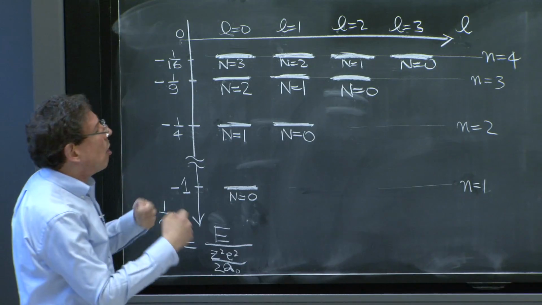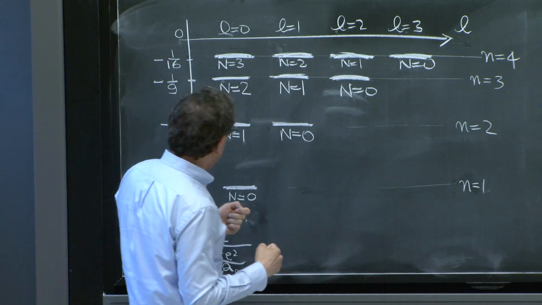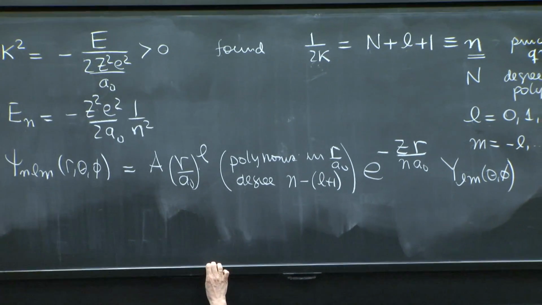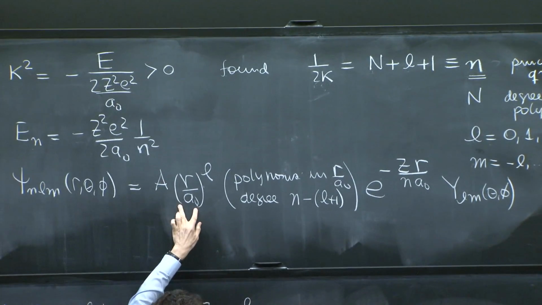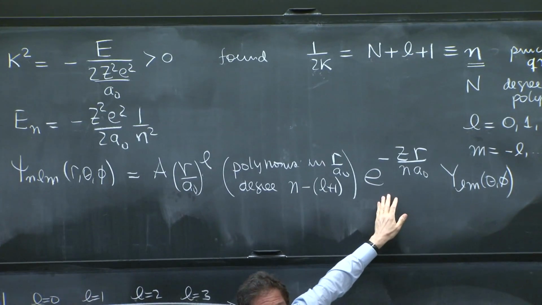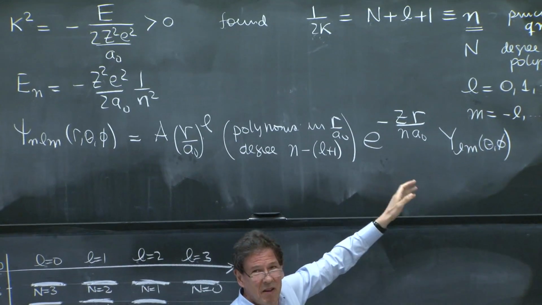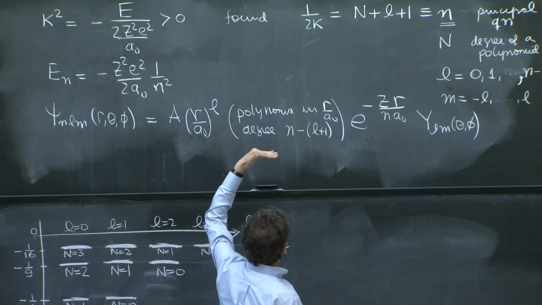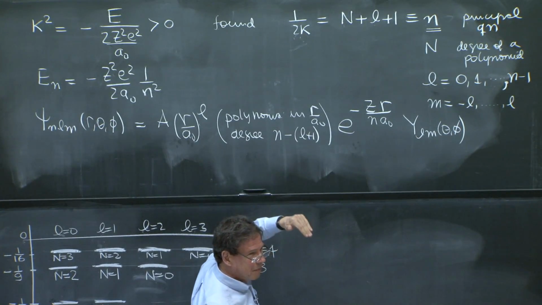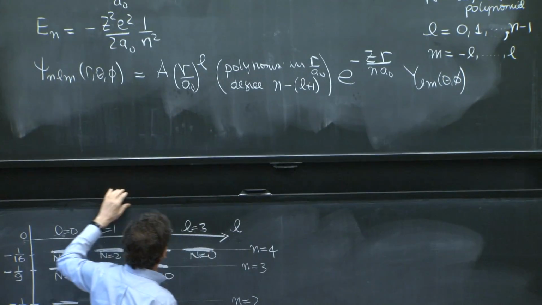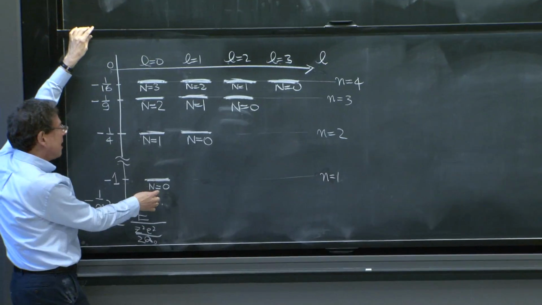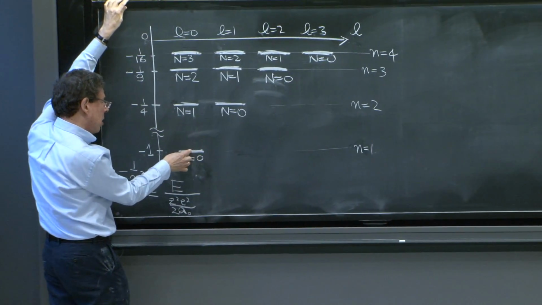But then you're solving this radial equation, and let's look at this polynomial. Well, you're not going to get a zero of the wave function because of this factor. It's an overall factor, and the exponential never vanishes, except at infinity. So all the zeros of the wave function have to arise from this polynomial. And there shouldn't be any zero for the ground state. So good. N equals 0 means no nodes here.